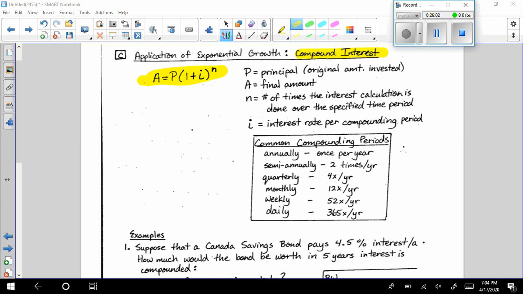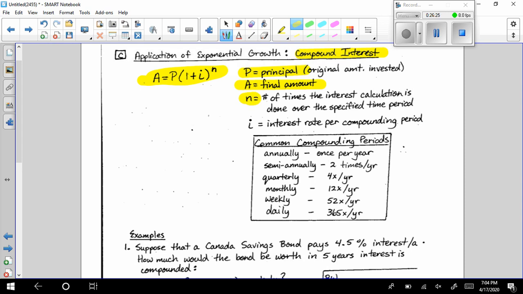There is a very special application of exponential growth involving money, and it's the compound interest equation that we're working with here. I've identified what each of the variables means to the side. P is standing in place of the principal amount that is invested. That's an amount of money that a person is investing. A is representing the final amount after having invested that money for some period of time.